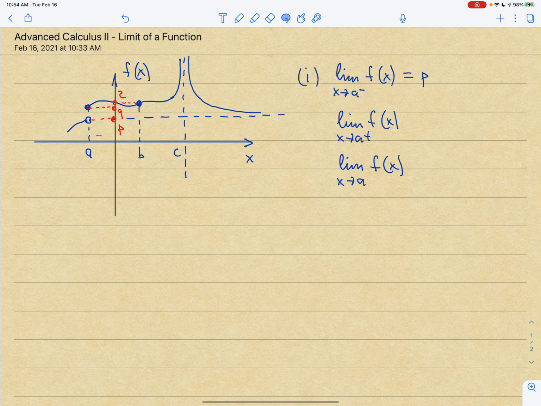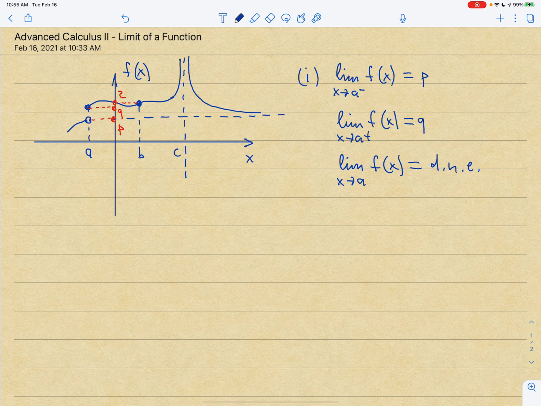So now we'll look at what happens to the values of the function as x stays to the right of A and gets closer and closer to A. Then examining the graph, we see that values of f are going to get closer and closer to Q. So that means that this limit from the right is Q. And now if we simply take x close to A, then on the right, the values of f are going to be close to Q. On the left, they're close to P, so there is no common value to which f of x is going to be close if x is near A. So that means that this limit does not exist.